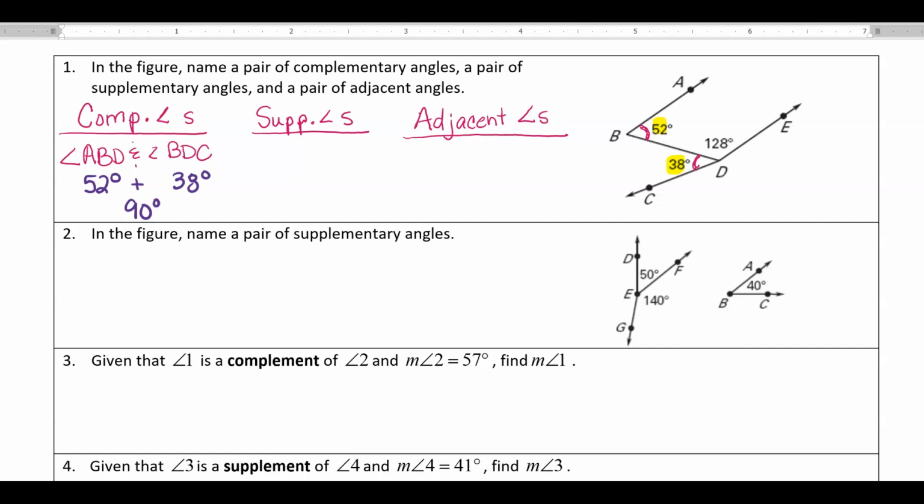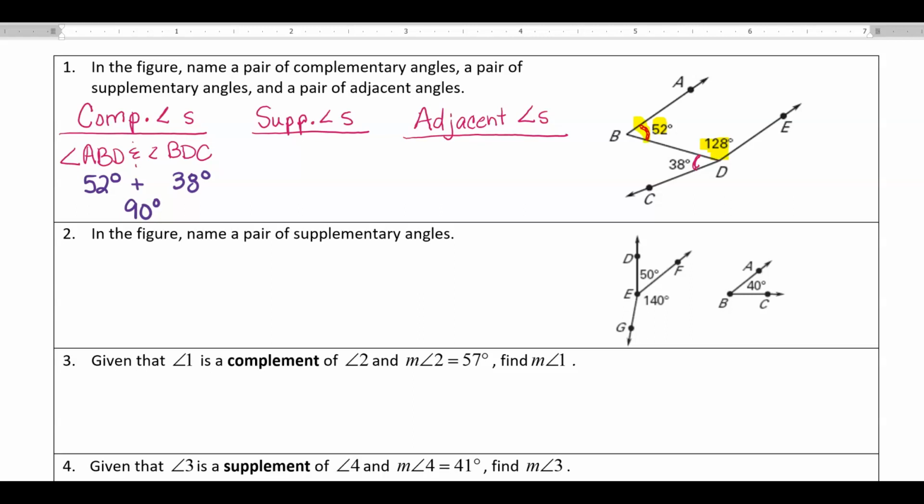Now, supplementary ones must equal 180. So if I look at the 52, I notice that it goes along perfectly with 128. So for this one, it's going to be this angle and this angle.